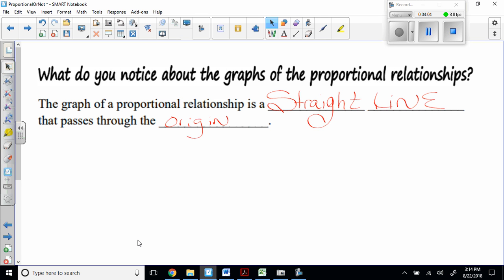One was it had to have a constant rate of change, a constant ratio, which in doing so will produce a straight line because you're going up and over the same amount. Now, the other thing was that it had to go through the origin. Ladies and gentlemen, you have the back to do.